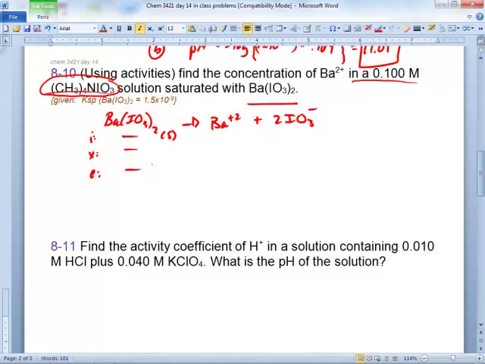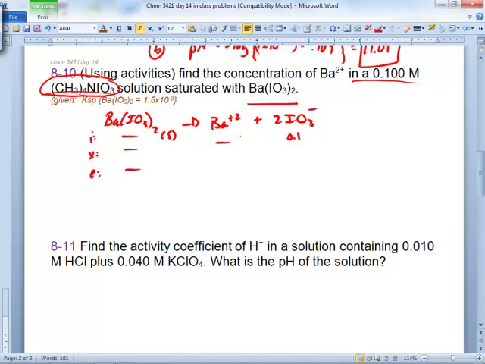Now what? That iodate, it's a 1-to-1 salt. It looks ugly, but it is. So the concentration of iodate in the beginning is 0.1. Under the barium, nothing there initially.